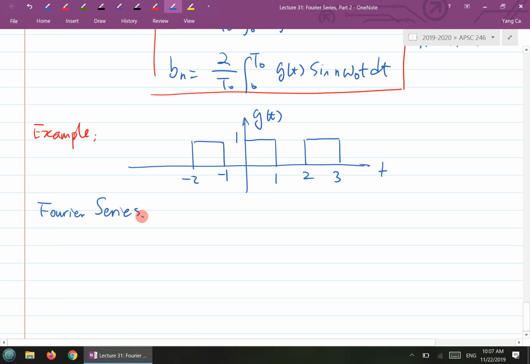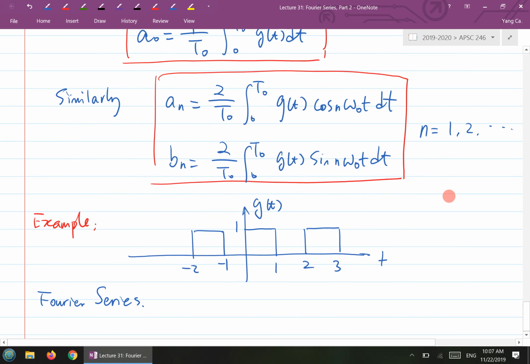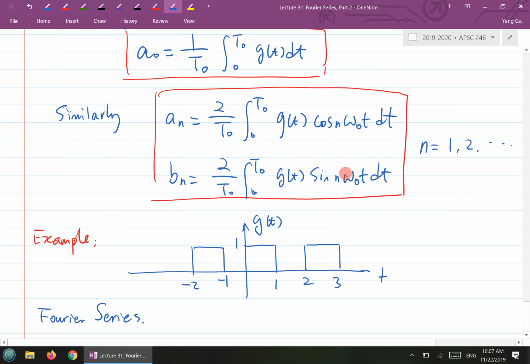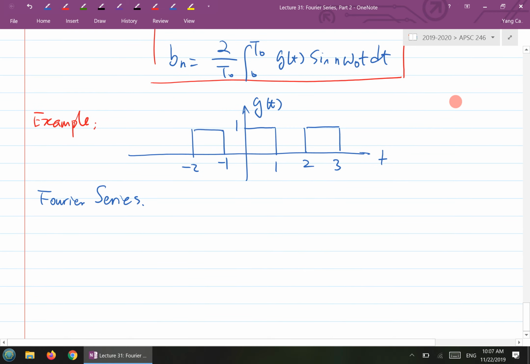I'm going to basically apply the three formulas to calculate a naught, an, and bn. First step, identify the period of this function. Of course, it is 2. So then omega naught is 2 pi over T naught, which is pi. Those parameters are the ones that you use to calculate the integrals.